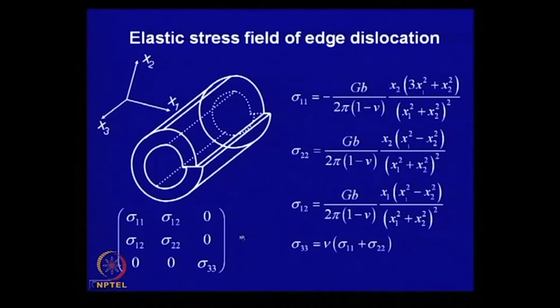Therefore, you can see easily that a vacancy will also have an elastic stress field, and the nature of the stress field will be hydrostatic. So, a vacancy or a point defect, both will have a hydrostatic stress field. Both interstitial, solid solution atom and vacancy will be able to interact with an edge dislocation, and this interaction will be quite strong, whereas in the case of a screw dislocation, particularly with a vacancy, that interaction will be very weak.